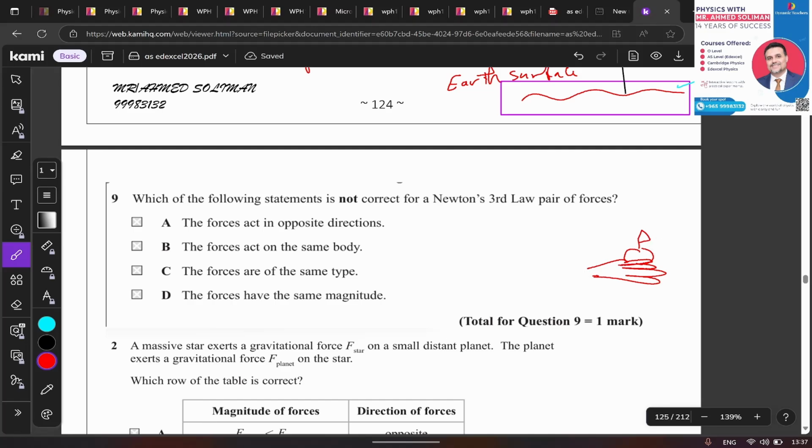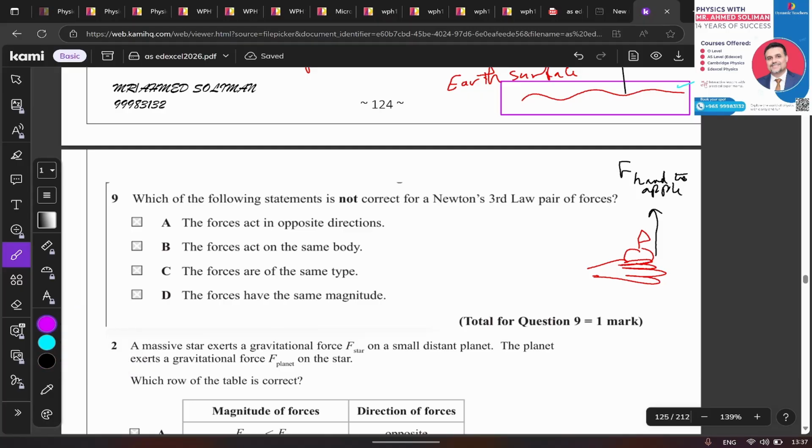So what is the action force on the apple? The force from the hand to the apple. Now what is the reaction force?